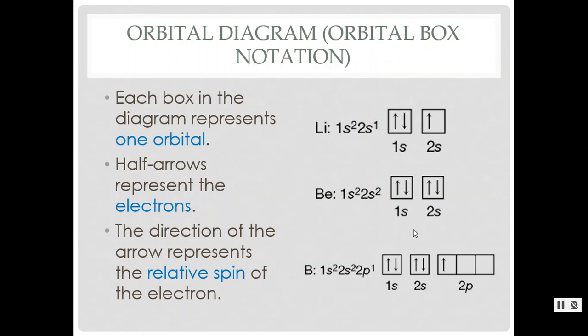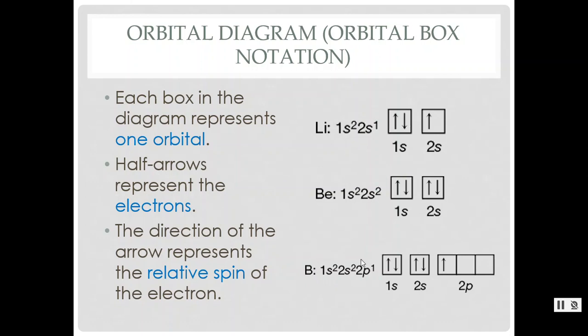I am not going to be picky here, especially since I used an example that uses a full-headed arrow. It doesn't matter to me if you use a half-headed arrow or a whole-headed arrow, just as long as you use an arrow and show the direction it is pointing to represent the spin. So those are the parts of an orbital diagram.